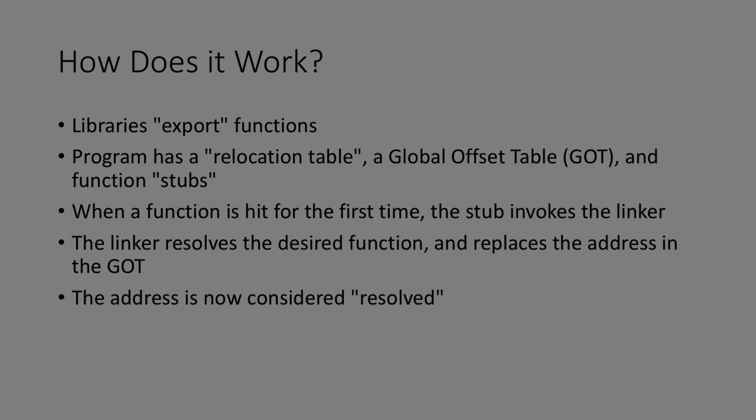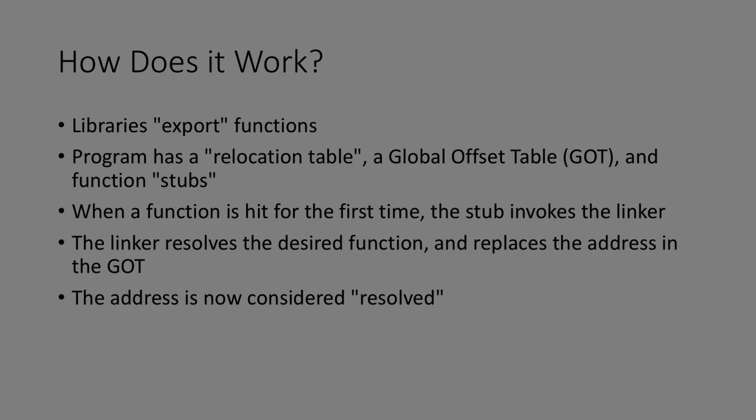Then the programs that want to link have a number of things. They have a relocation table, which basically says, I need this function. They have a global offset table, which says, once I have this function, I need a place to store where this function actually lives in memory.